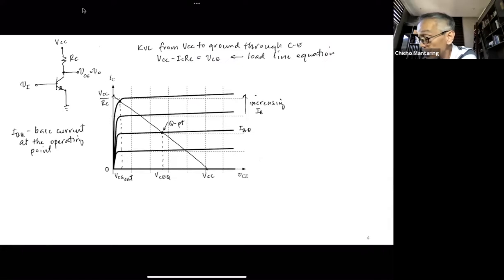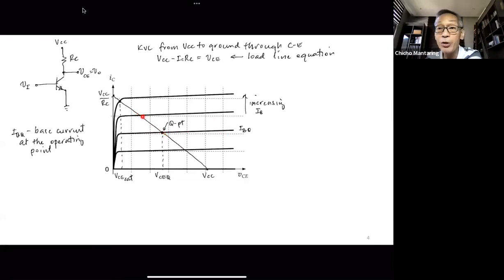Your Q point might have been here initially. For the same value of IB, remember IB is fixed. That's why you call it fixed bias. When you do your device replacement, all of a sudden you see your IC going way up, increasing by 50% from this point to this point.